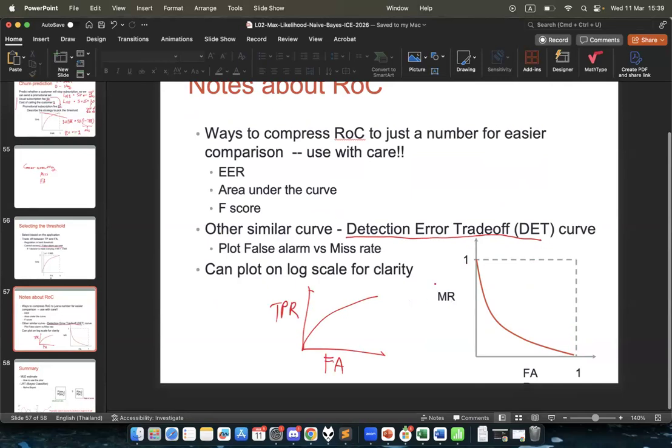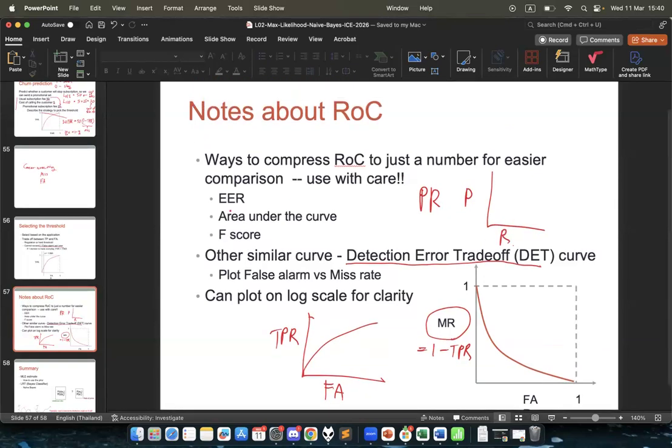That one plots miss rate, which equals 1 minus TPR. So it's just a flip up down. Another curve is the precision recall curve, PR curve, which plots precision and recall. But I think for threshold selection, most of the time people will use ROC.